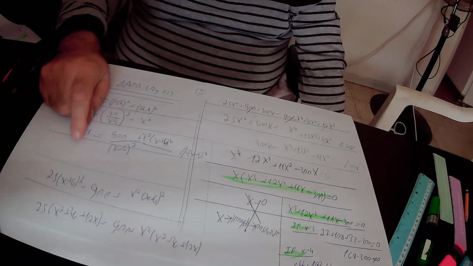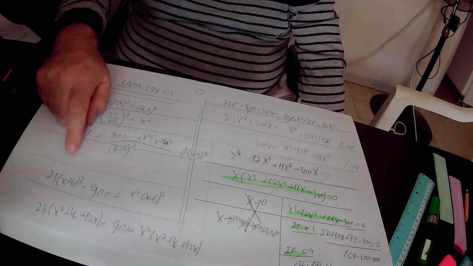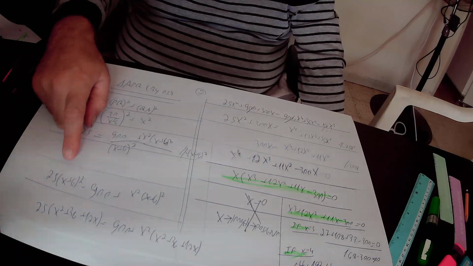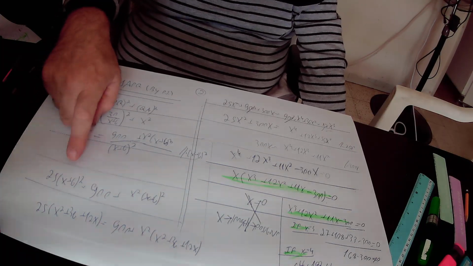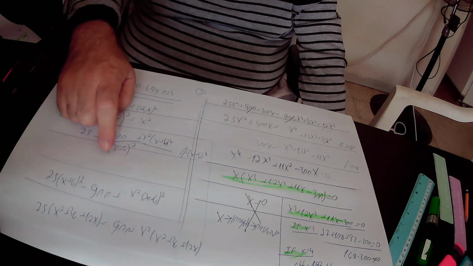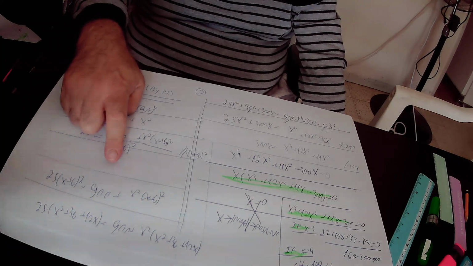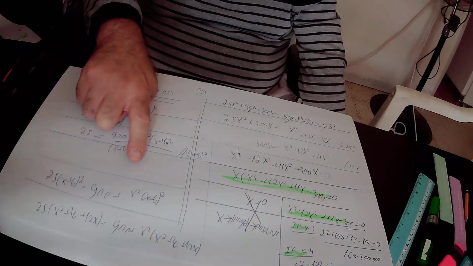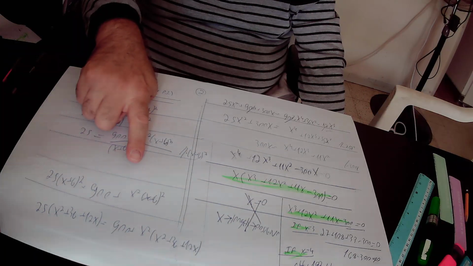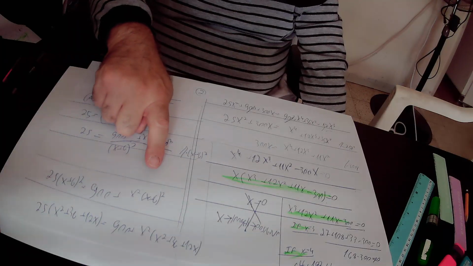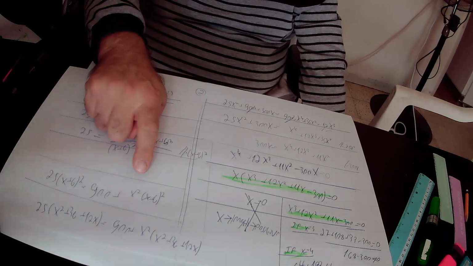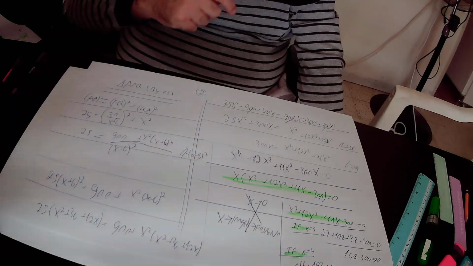We have here 25 times x plus 6 squared. x plus 6 squared equals x squared plus 6 squared, that is 36, plus 2 times x times 6, that is 12x. And it equals 900 plus x squared times x plus 6 squared, where again x plus 6 squared equals x squared plus 36 plus 12x.